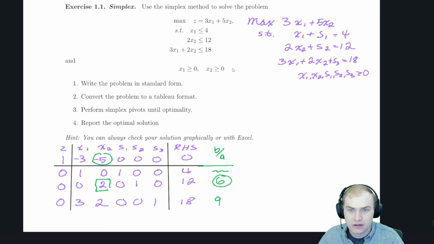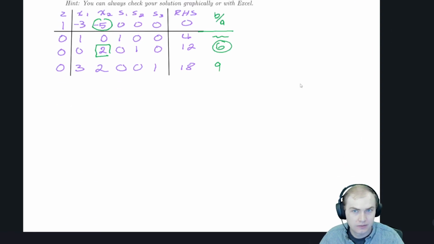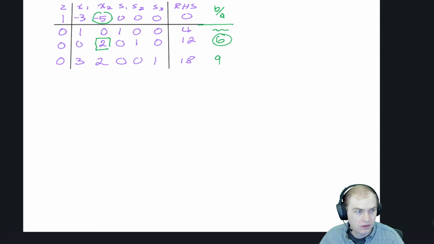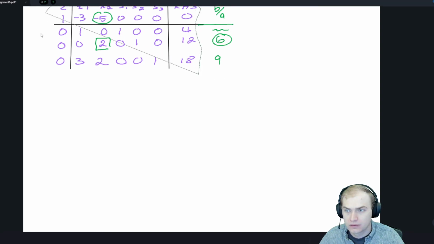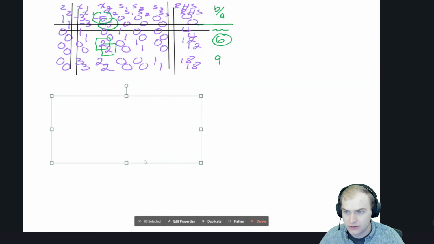So now we no longer need anything up here, so I can scoot down here and copy our tableau.